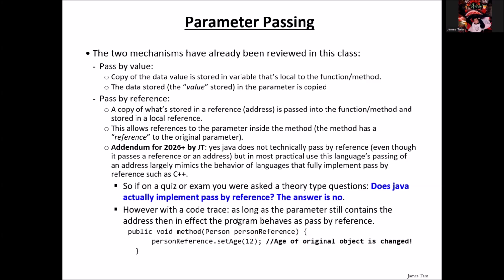So in practice, Java, even though it passes by value and the value copy is an address, it largely has the same effect as pass by reference. So no, technically it doesn't, but in a practical implementation, it basically behaves the same way.